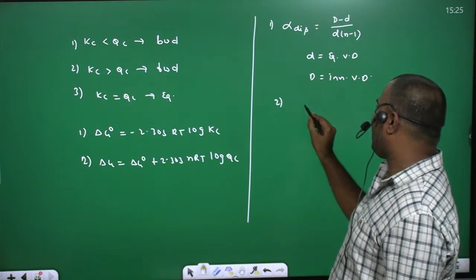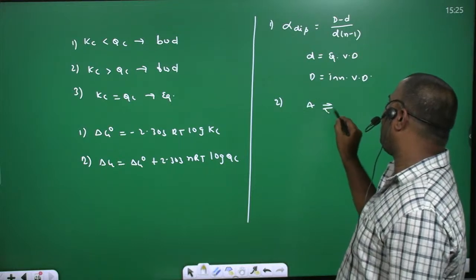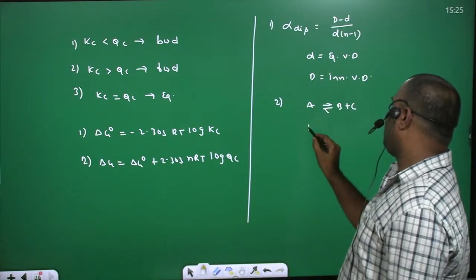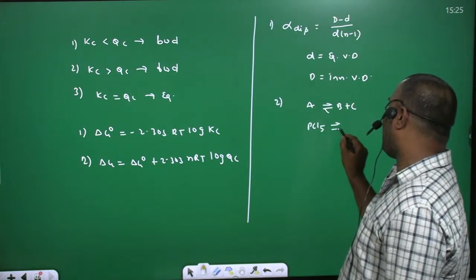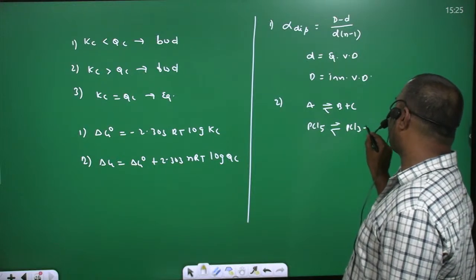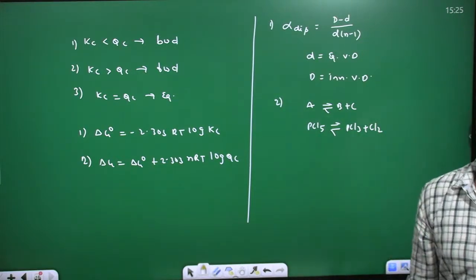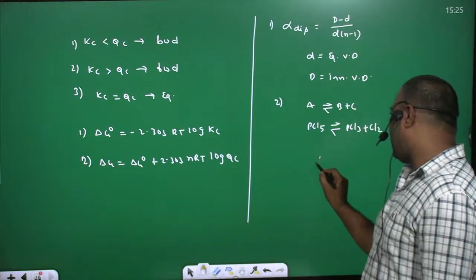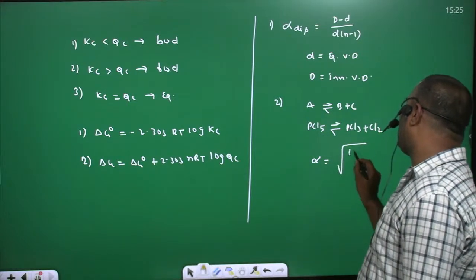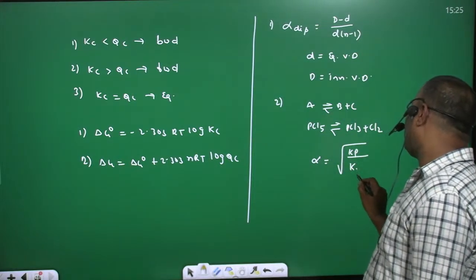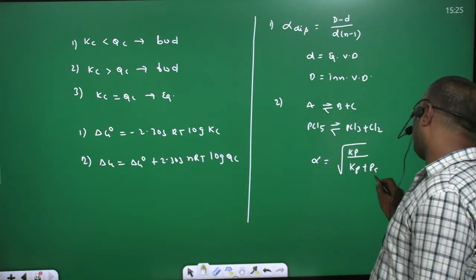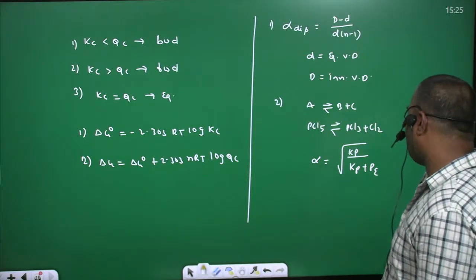For reactions like A gives B plus C, for example PCl5, the only reactant, decomposing into PCl3 plus Cl2, the degree of dissociation alpha equals root over Kp by Kp plus Pe, where Pe is the total pressure at equilibrium.